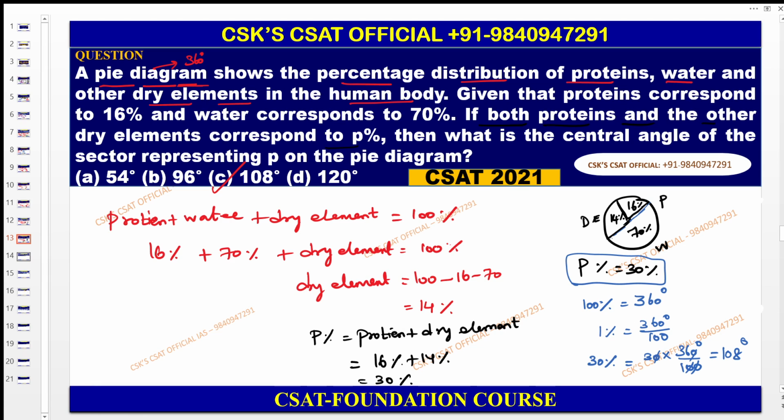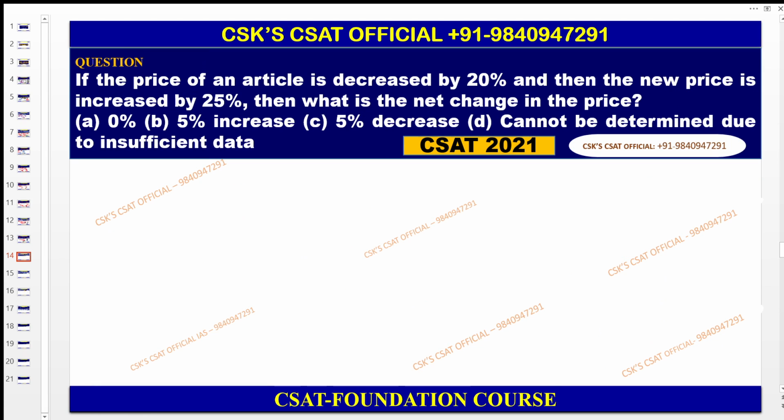Now next question. If the price of an article is decreased by 20% and then the new price is increased by 25%, what is the net change in the price? Similar question, right? We have discussed a similar model.